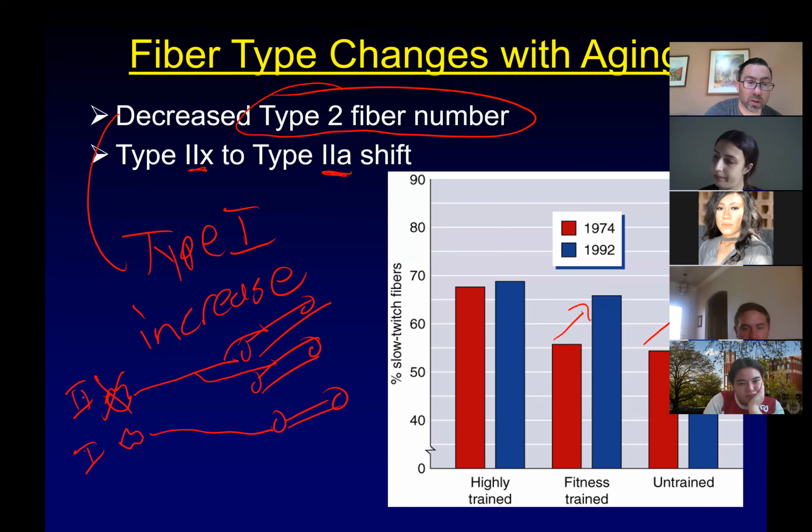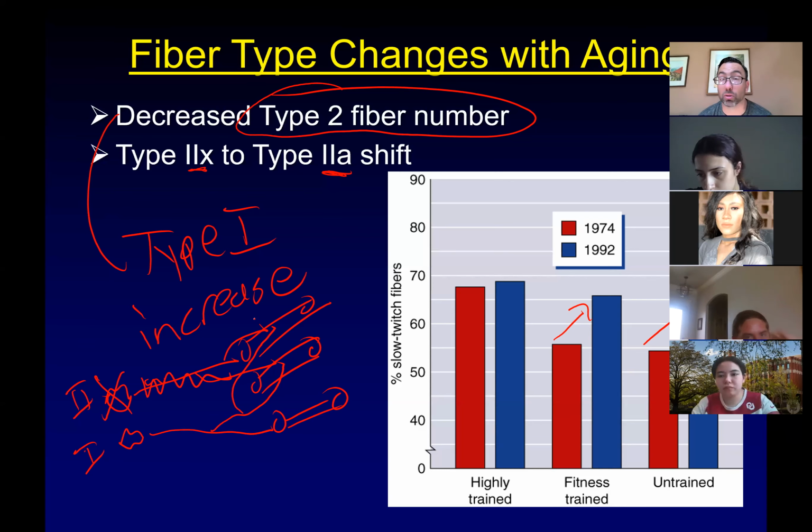When this type 2 one dies, this connection here is going to be lost. And so what happens is these type 1 fibers will branch off axons and try to reconnect those fibers.